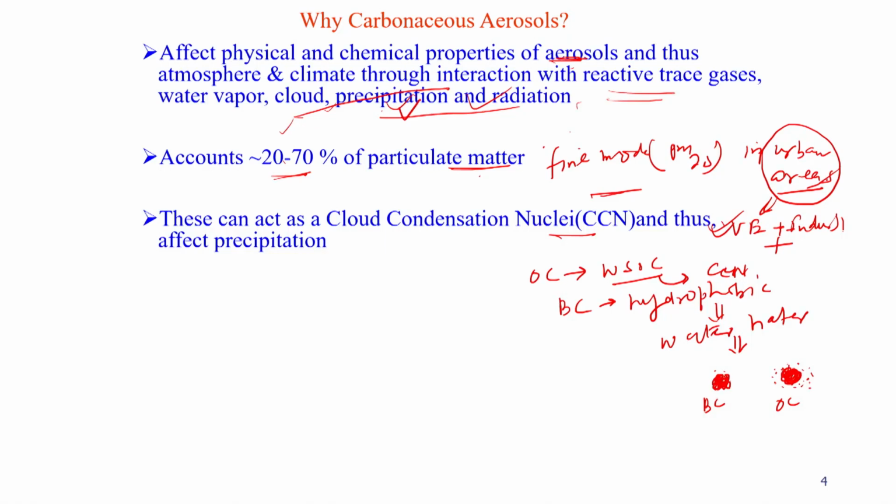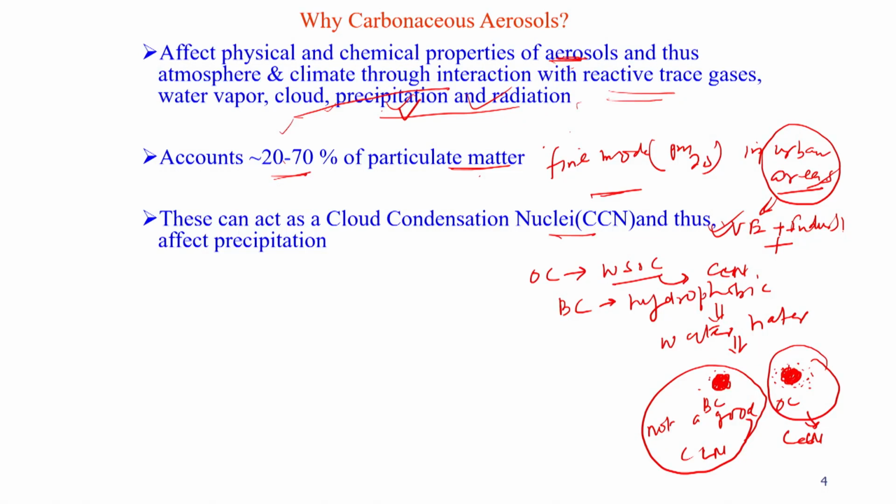So what will happen? This will inhibit cloud formation. Black carbon is not a good CCN, whereas organic carbon can act as a good CCN particle, because it is hygroscopic in nature. Another very important point is that this is like heating in the atmosphere.